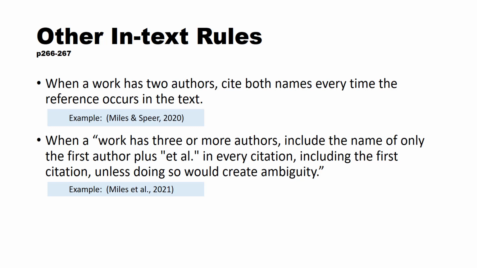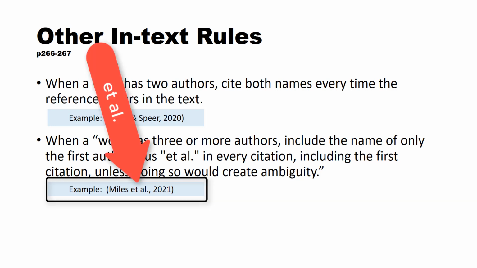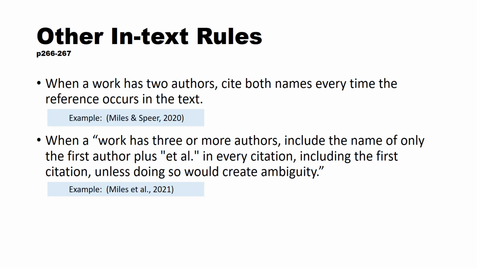And when a work has three or more authors, include the name of only the first author plus et al. in every citation, including the first citation, unless doing so would create ambiguity. So in the example here, we have Miles et al., comma, 2021. So that's the way that you would use an in-text citation if you have three or more authors.